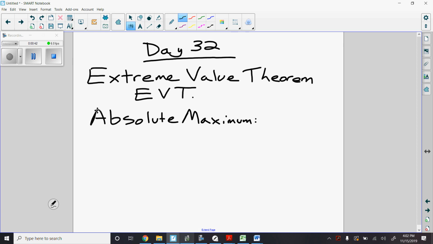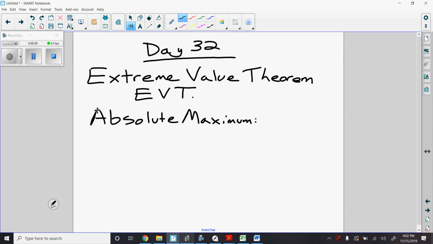So an absolute maximum means that, on a specific interval, it's the highest point on the graph when f of x reaches its maximum value.